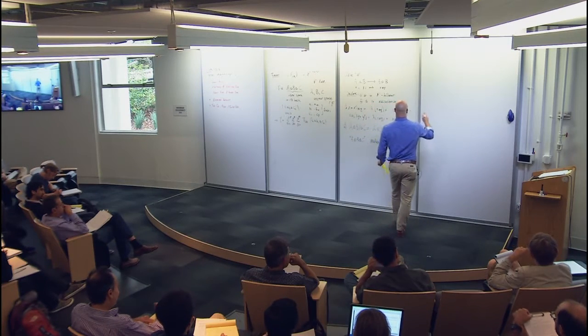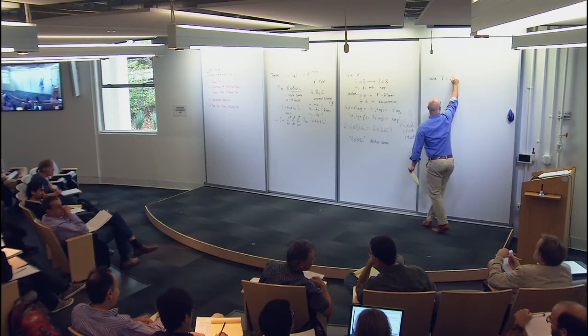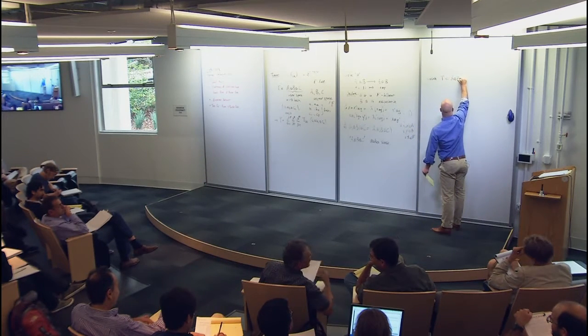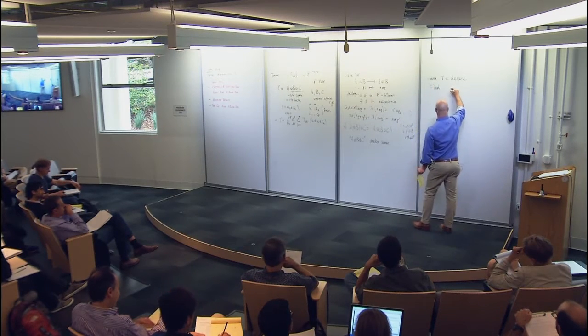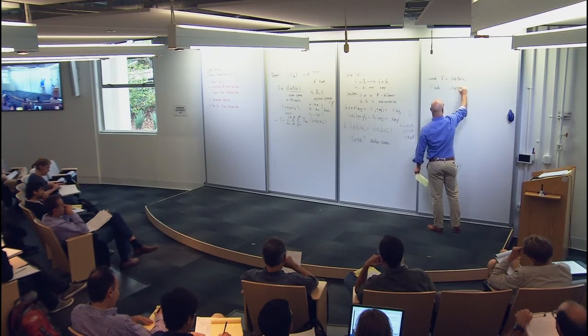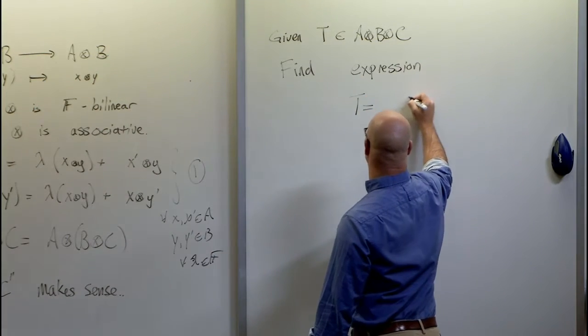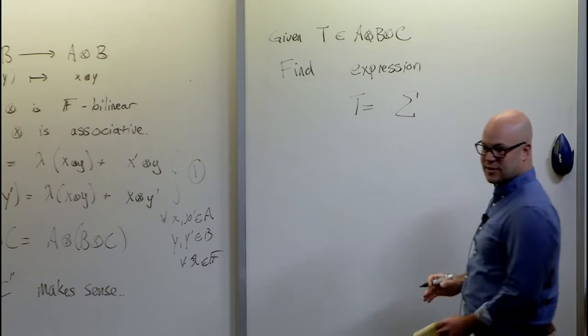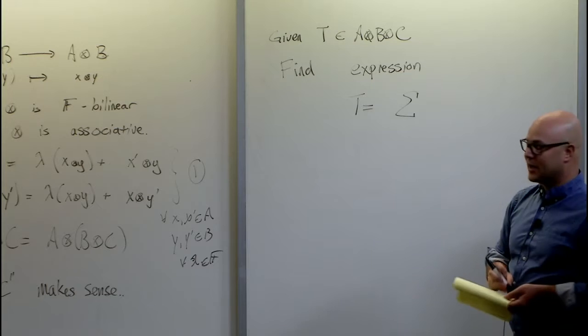So that's the idea. Given tensor T in A tensor B tensor C, find an expression T is equal to now a linear combination. Sound waves add as they all arrive to my ears.